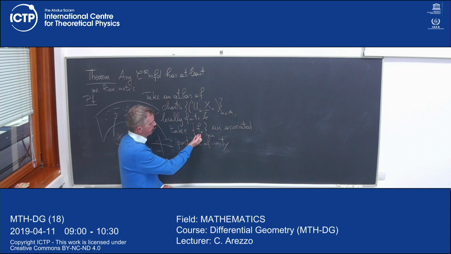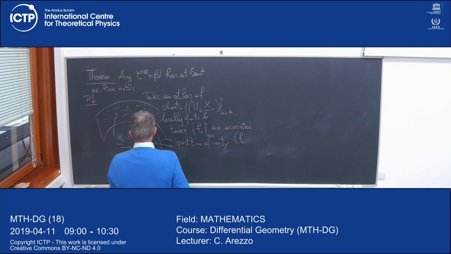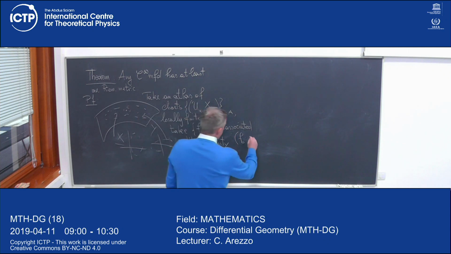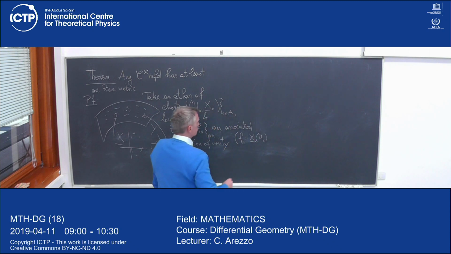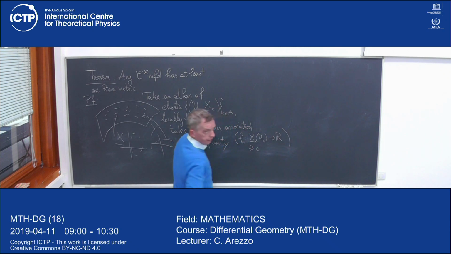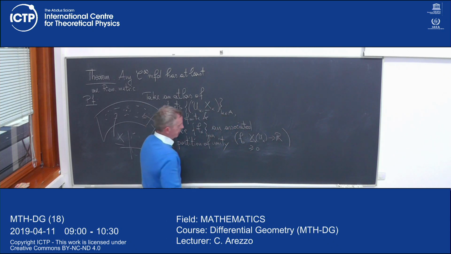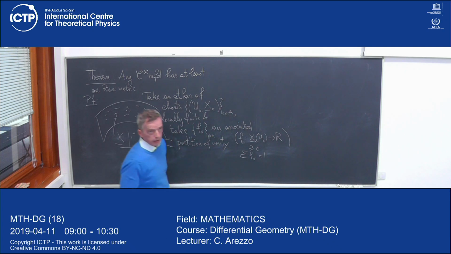F alpha is a function from X alpha of U alpha to R, which is non-negative for any alpha, and the sum is equal to 1.